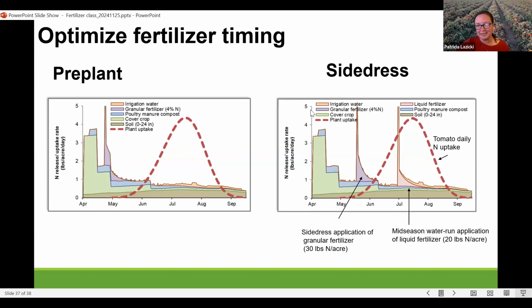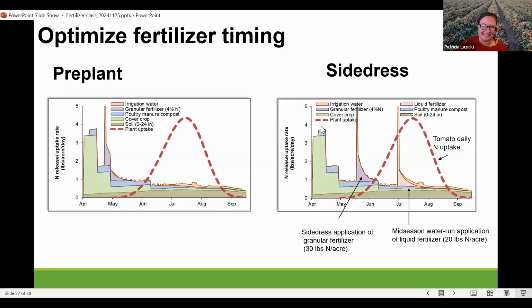But if you look at the uptake rate during this time, that's almost 5 pounds of nitrogen per acre per day for this particular example. And so you aren't going to be doing these mid-season or water run applications every day. So where is the nitrogen necessarily coming from during this rapid uptake period?